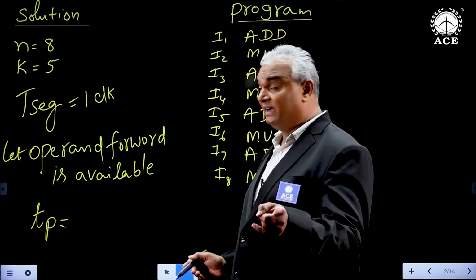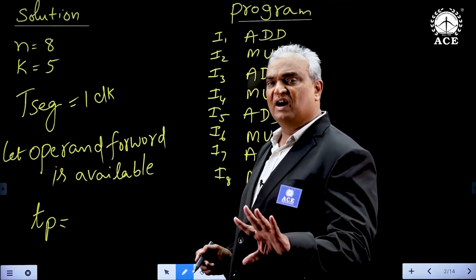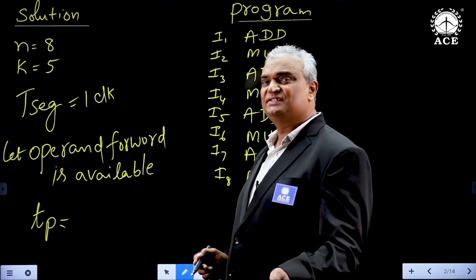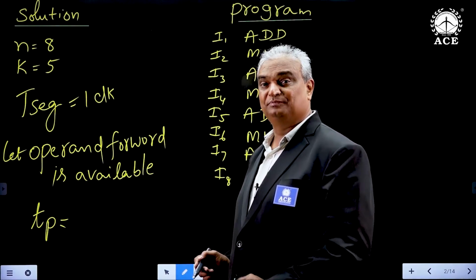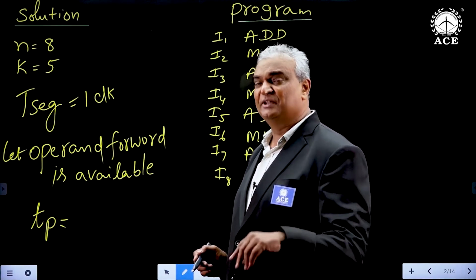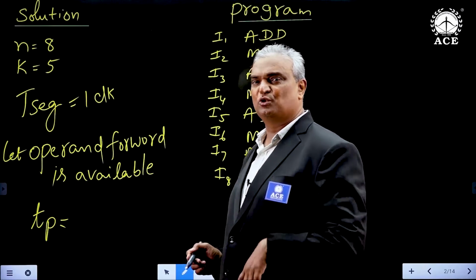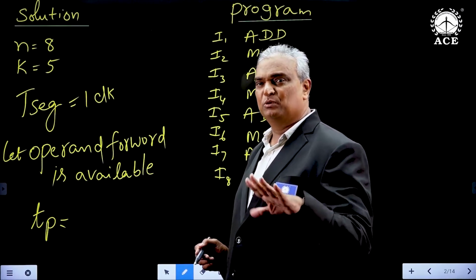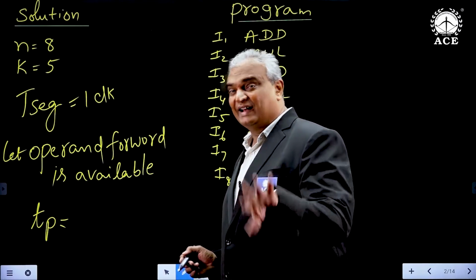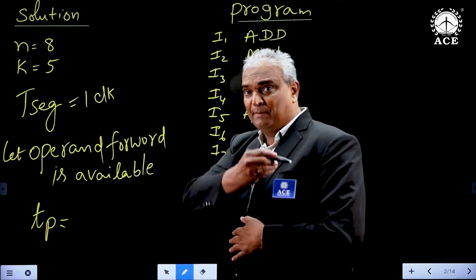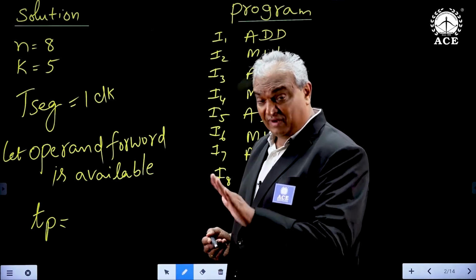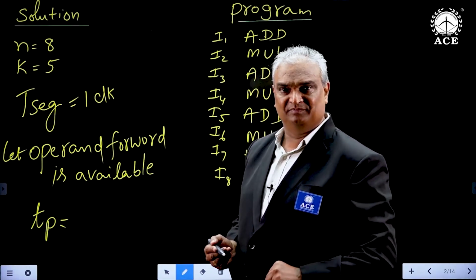If the operand forwarding technique is there, no additional stalls are required. No additional stalls means bubbles. Stall is also known as bubble. No additional bubbles or stalls are required, which means no wastage delay to get the target operand from its earlier stage.